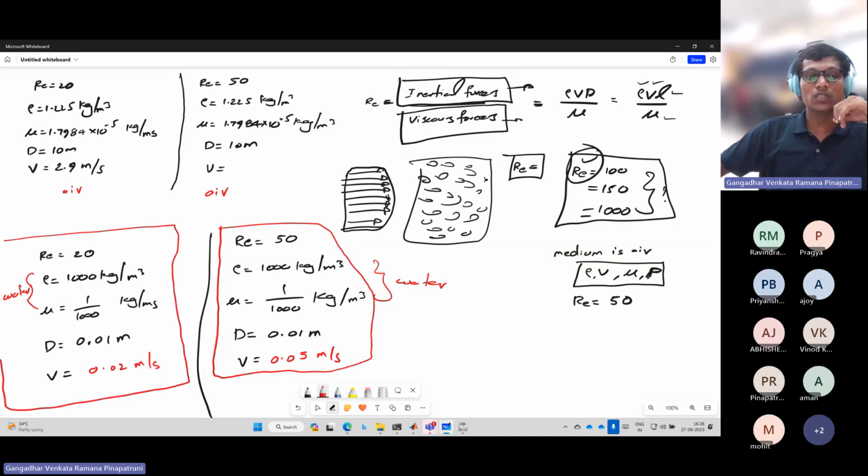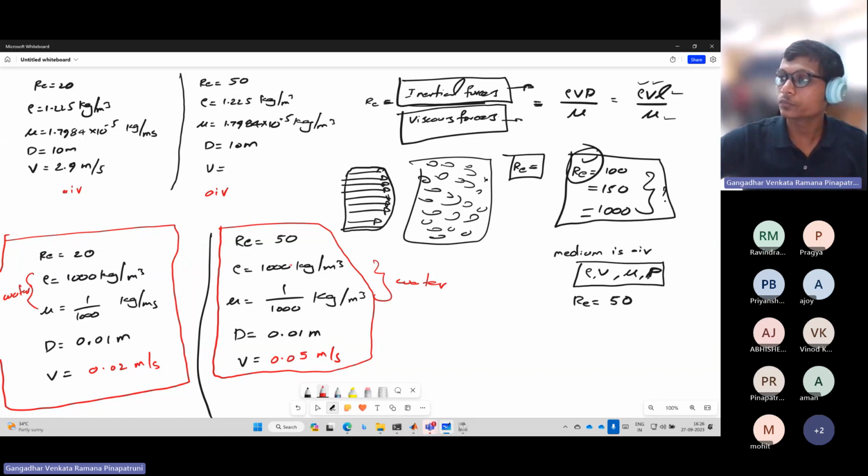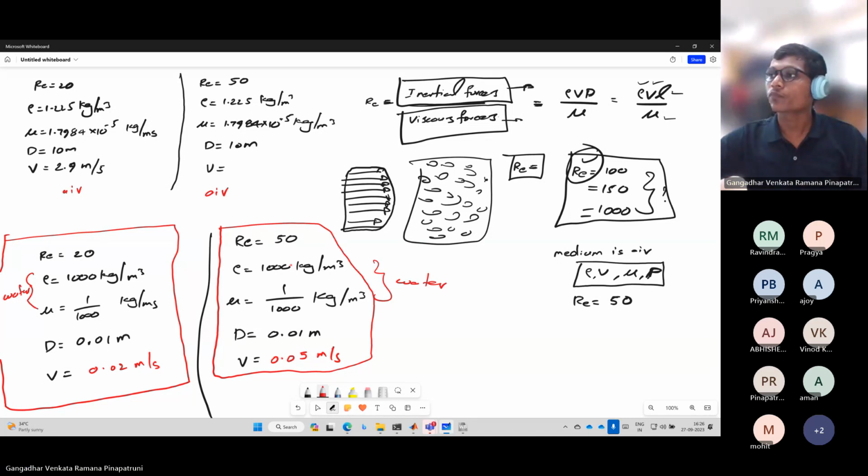I request everyone to please confirm these values. Are these two values correct or not? Aman, Abhishek, can someone quickly confirm it? Hello, am I audible? Yes, sir.